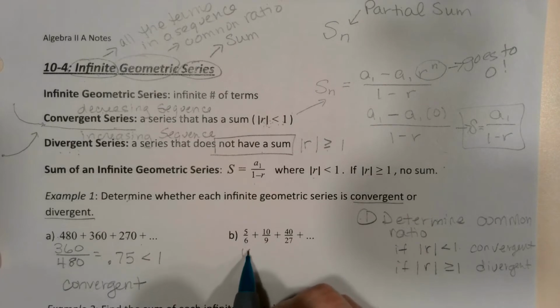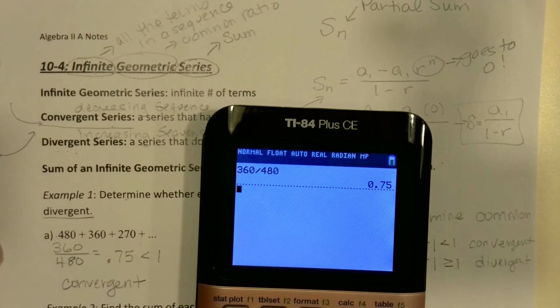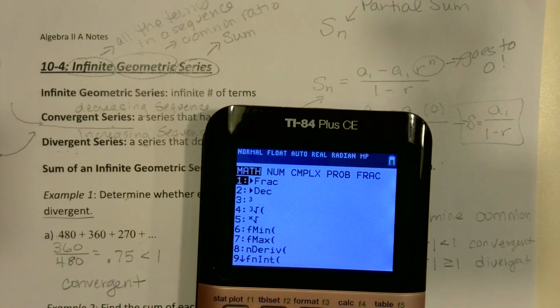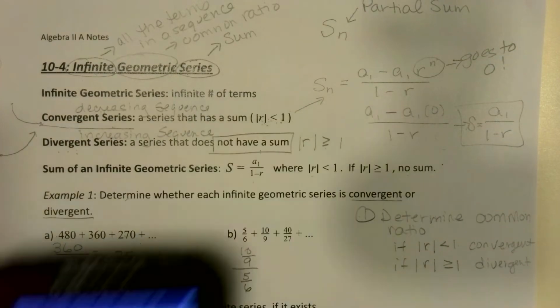What about this one? If we take 10/9 over 5/6, and if I'm doing that in my calculator, I'm going to make sure 10/9 divided by 5/6, that's 1.3 repeating, or I can hit math fraction, 4/3.